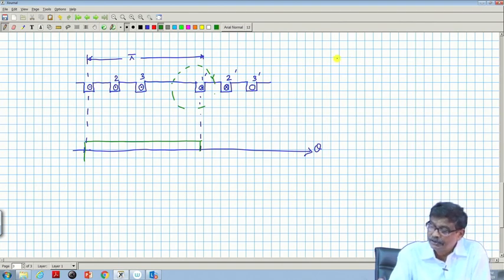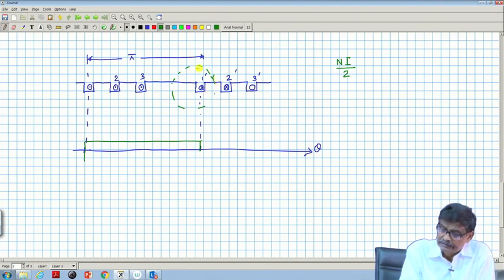So, how much is the MMF enclosed by this path? If it is a multi-turn coil, Ni is the total MMF acting in the circuit, apply that circuital law of magnetism. This MMF will be dropped in the 2 air gaps, and Ni by 2 will be the MMF in each path.